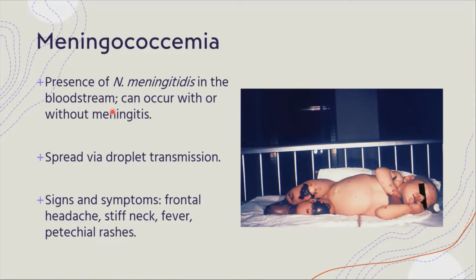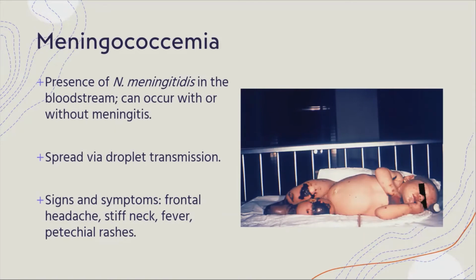And your meningococcemia, it's a fatal infection with the following signs and symptoms: frontal headache, stiff neck, pero ang pinaka characteristic na manifestation ng meningococcemia is the fever with petechial rashes. Ito. So these rashes, they are not actually rashes but they are actually subcutaneous bleeding. Okay, so nagbe-bleed na yung patient natin. Okay. So these are mga petechia.